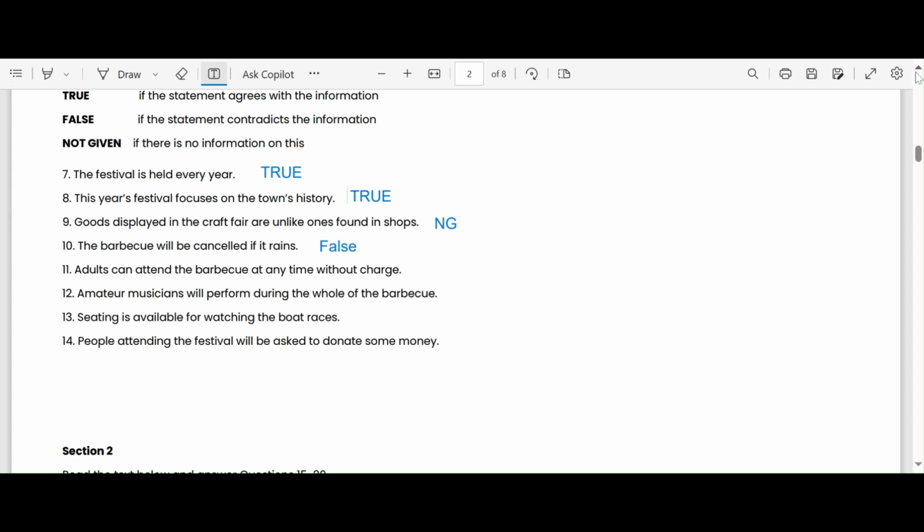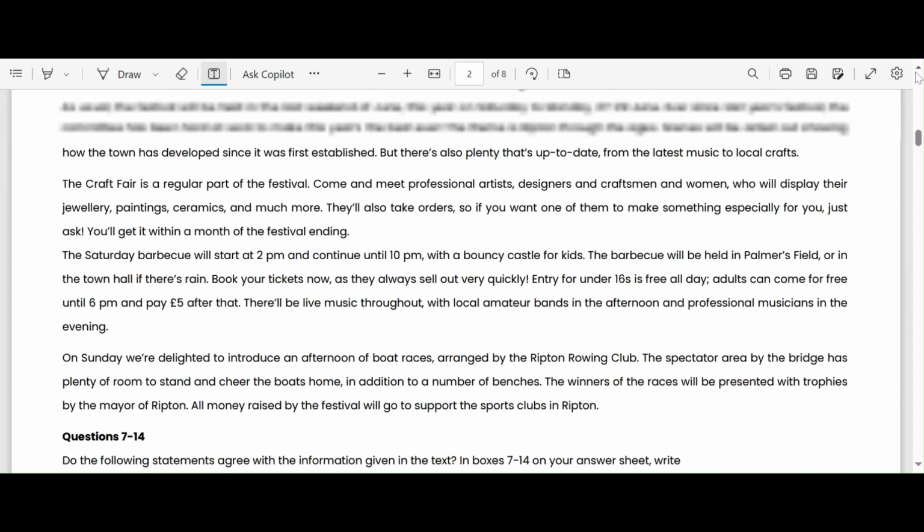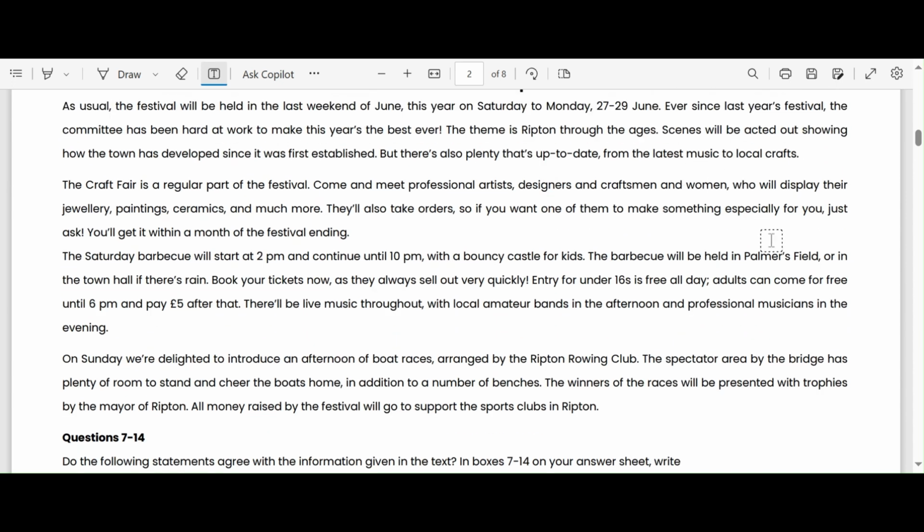So let's see what it says. Yeah, we left it here, I think. Yes. Book these tickets now as they always sell out very quickly. Entry for under 16 is free for all day. Adults can come for free until 6 p.m. Like before 6 p.m., they can come free and pay five pounds after that.